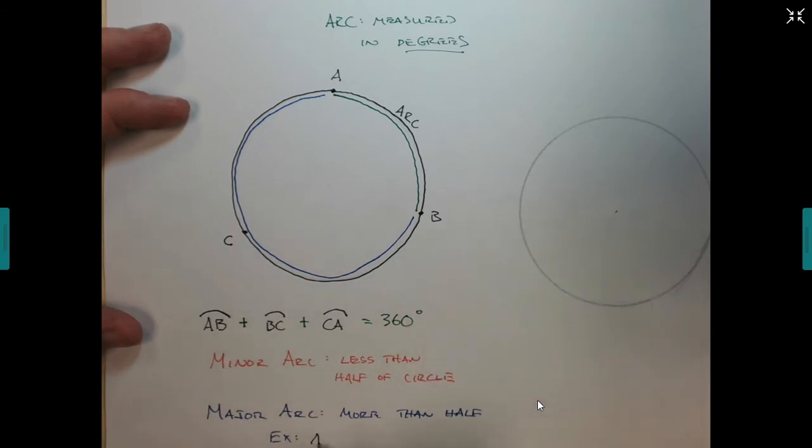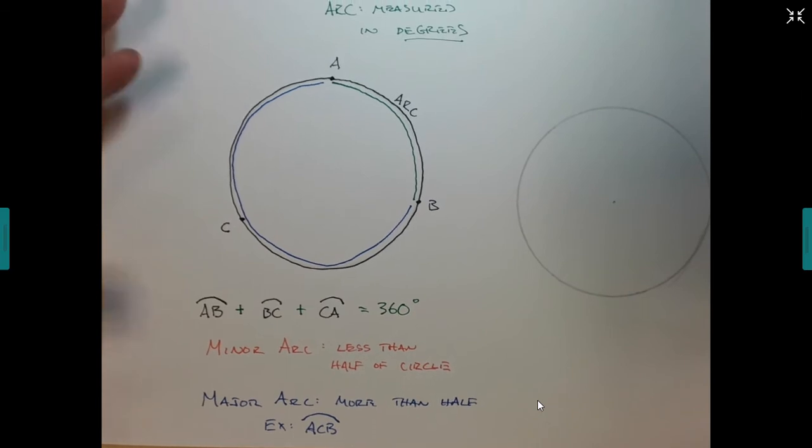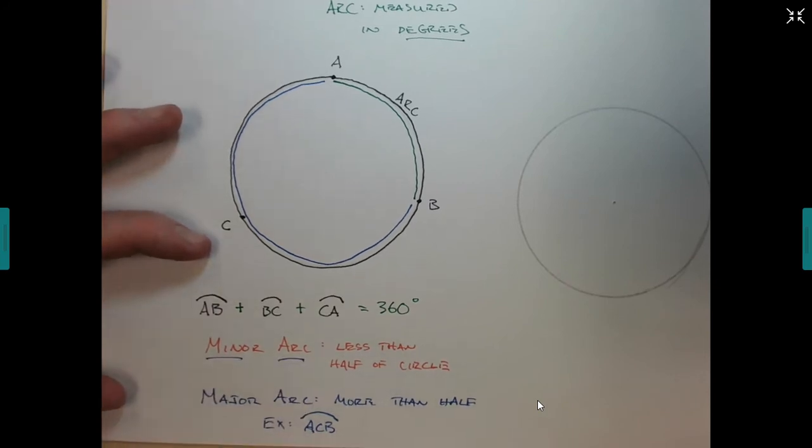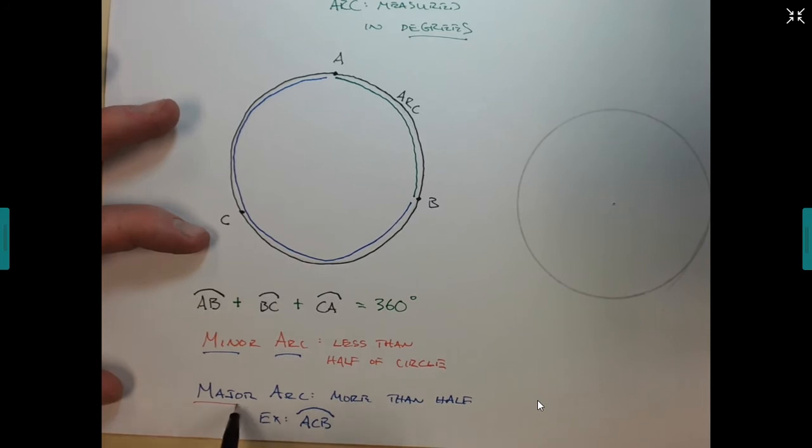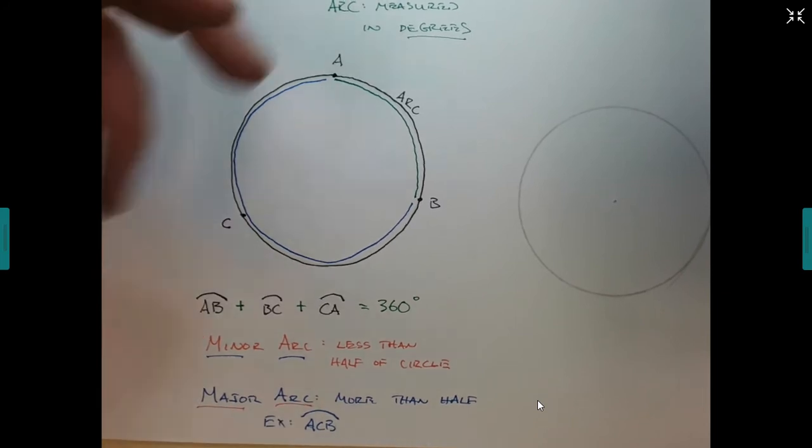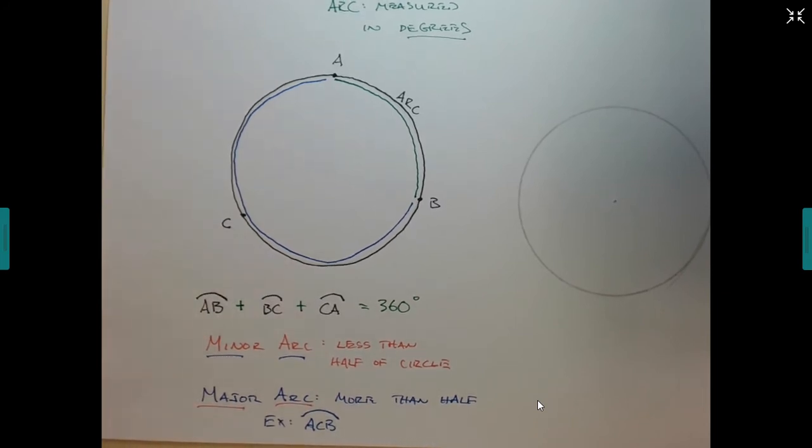So we use a third letter to describe to everybody that we're heading around the circle the other way. Okay? So we have minor arcs, we have major arcs, and they're all measured in degrees.